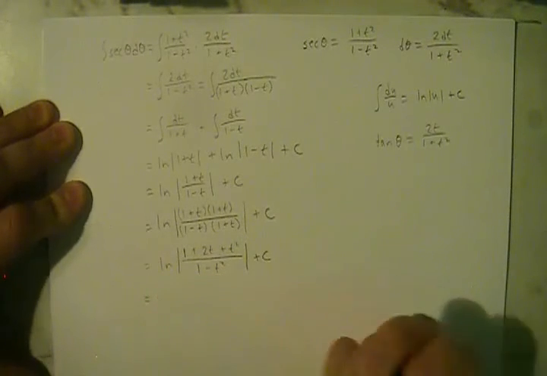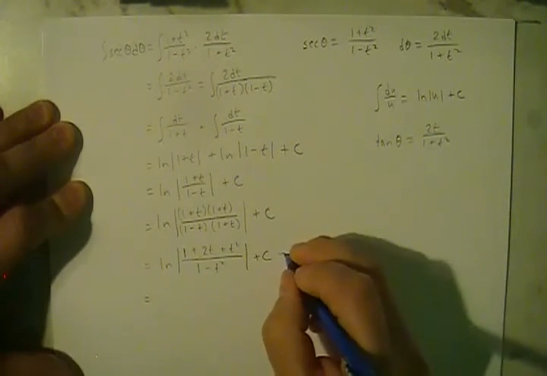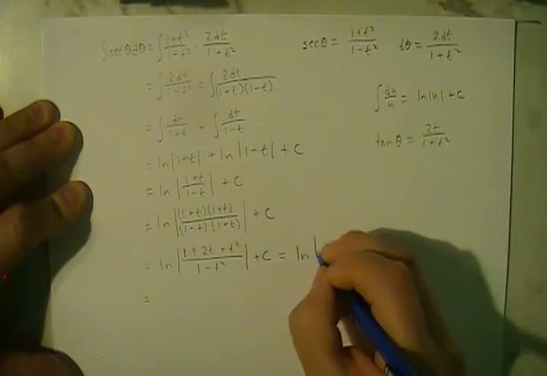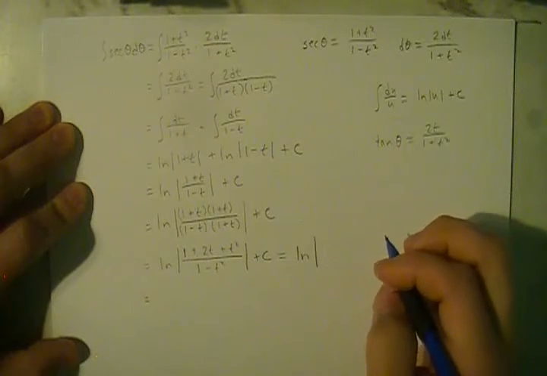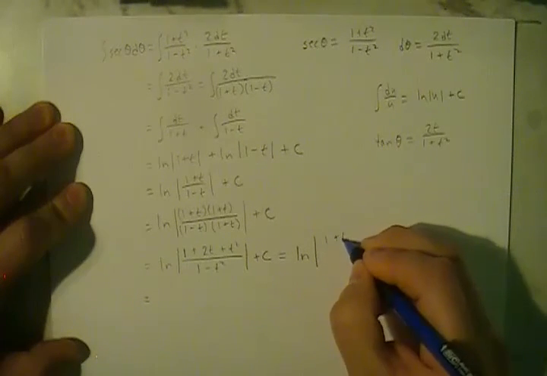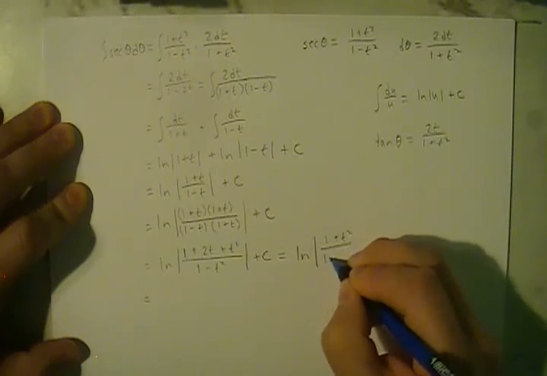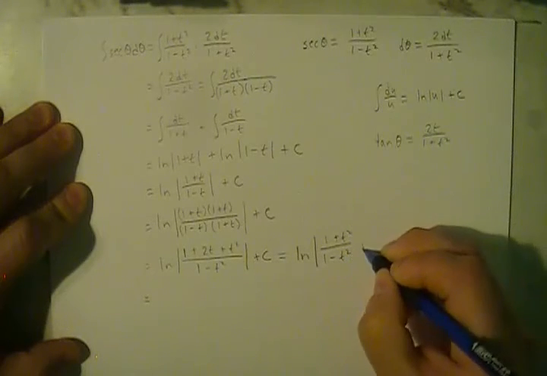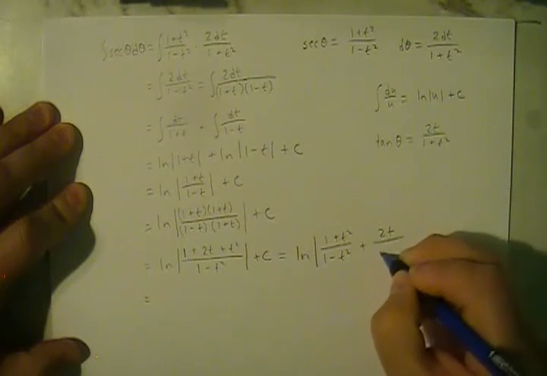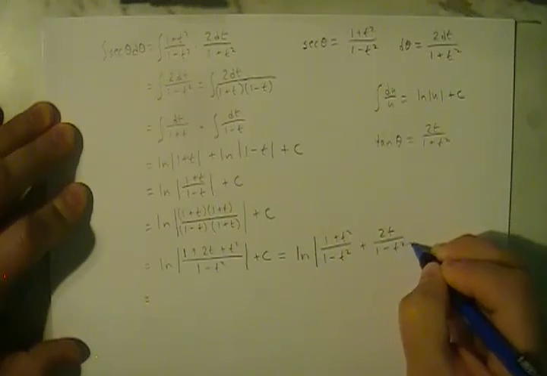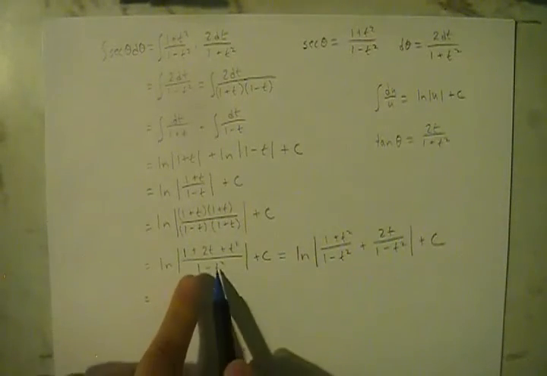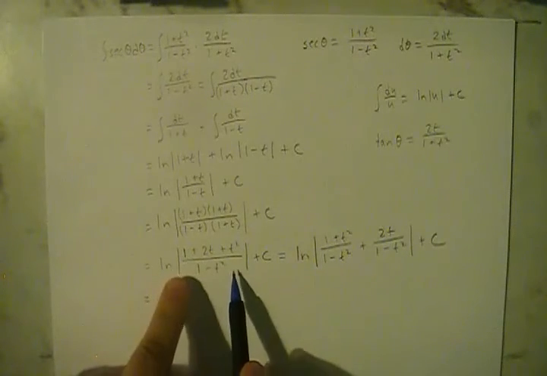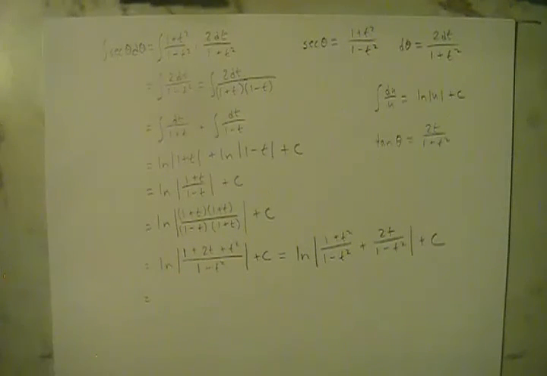And then I have, I'm going to rewrite it over here. Natural log of 1 plus t squared divided by 1 minus t squared plus 2t divided by 1 minus t squared plus constant. So I just separated this rational function out into those two rational functions.